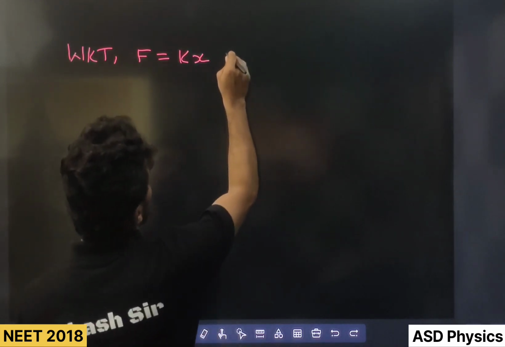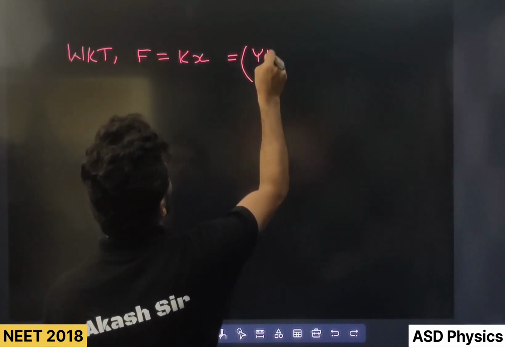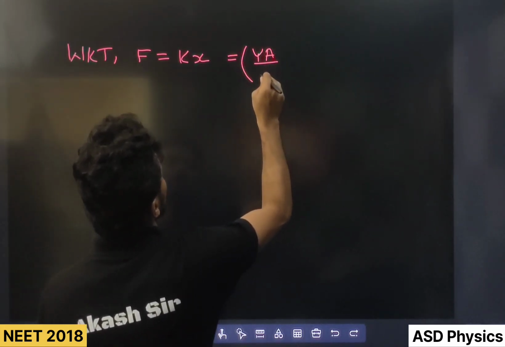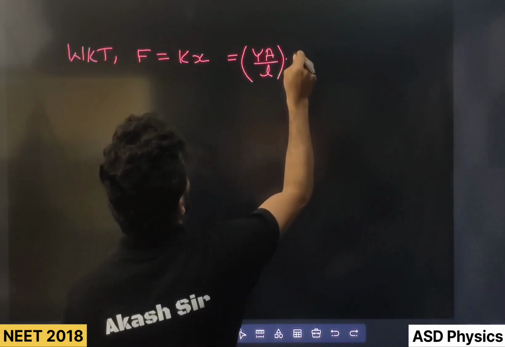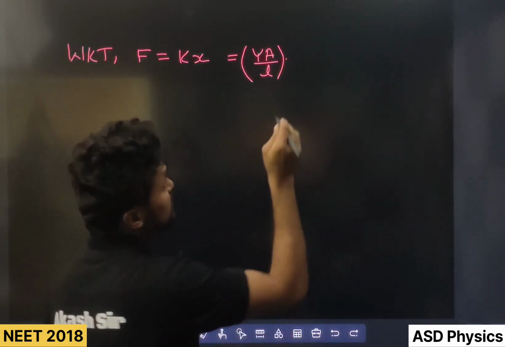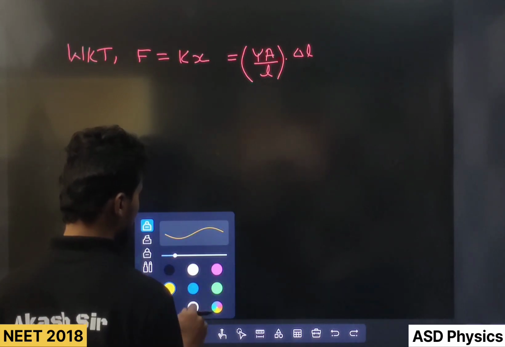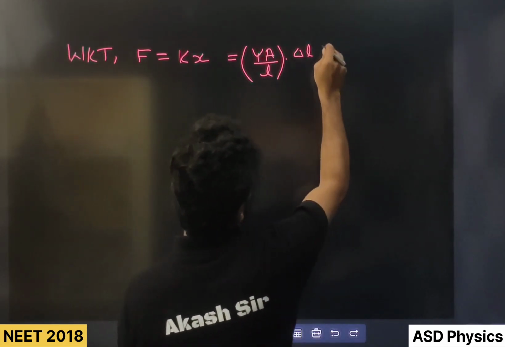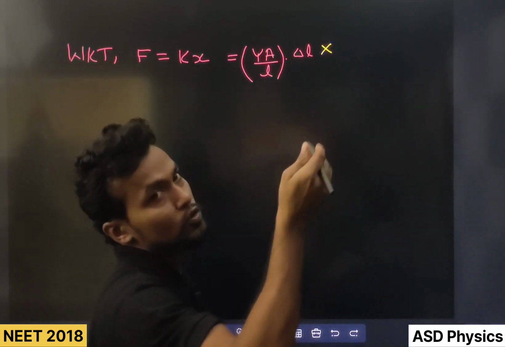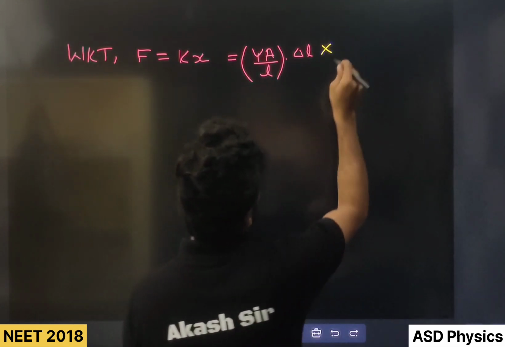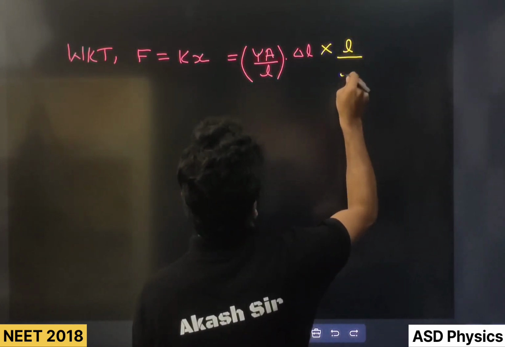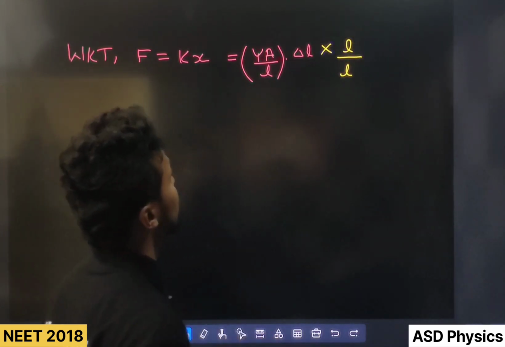Here K I can write as YA by L, into x. What is x? x is the elongation, delta L. Now we have to convert into volume. Volume we know very well, V equals AL. So we will multiply with L here and also here.